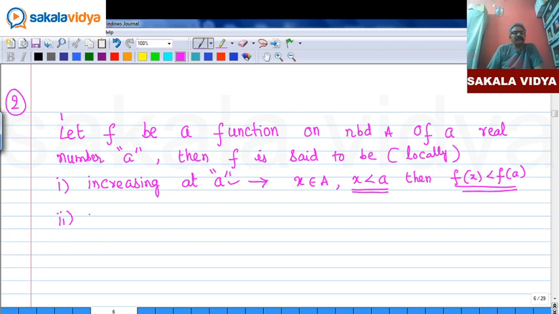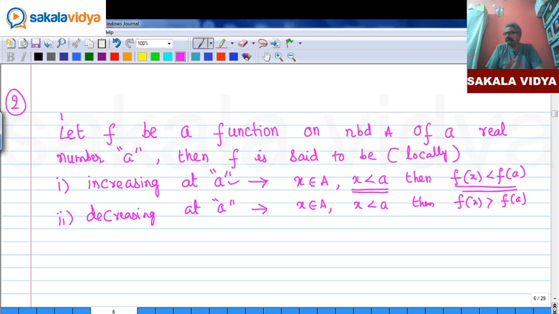Next point, decreasing at a: x less than a, then f of x greater than f of a.